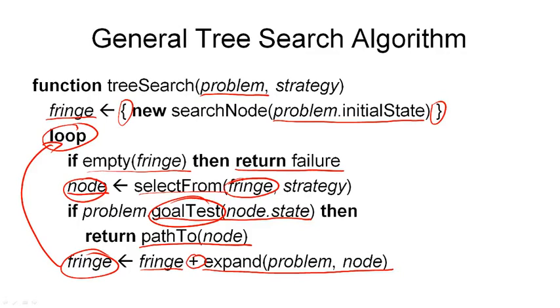Now, there are a few subtleties with this algorithm that I briefly want to go into. The first one is that a tree corresponding to a finite search graph may be infinite. Look at this very simple tree. We have 2 nodes here, and we can go from one to the other, and then we can go back. If neither of those 2 nodes is a goal node, that would give us an infinite loop.